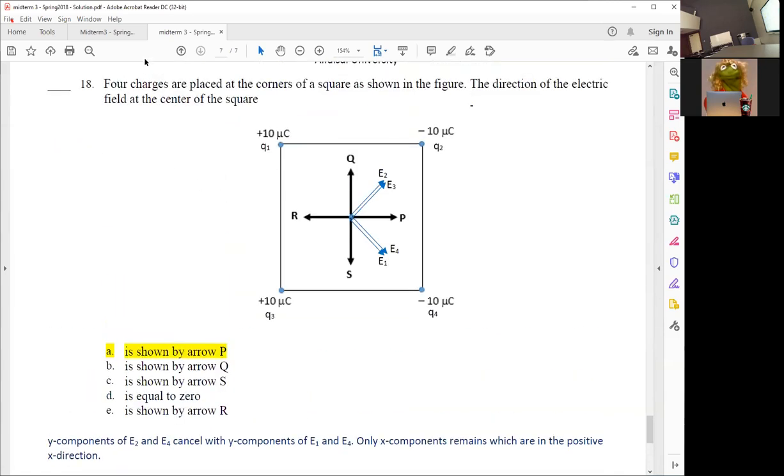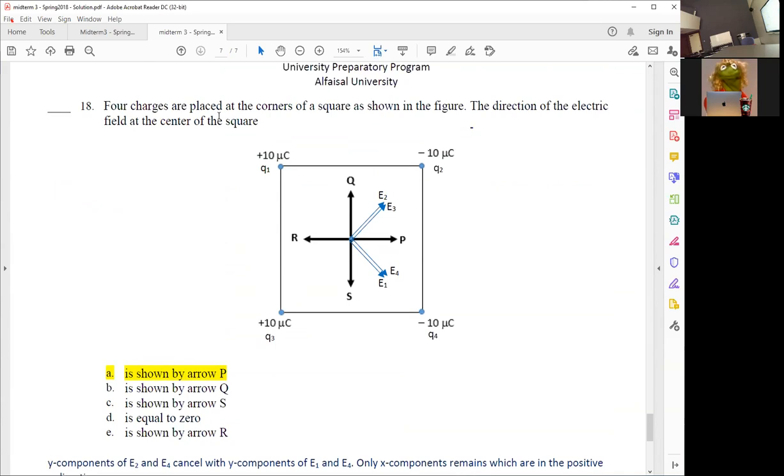Now, question 14 says the following: four charges are placed at the corners of a square as shown in the figure. The direction of the electric field at the center of the square will be in which direction? Is it P, Q, R, or S? Now, let's look at the charges.